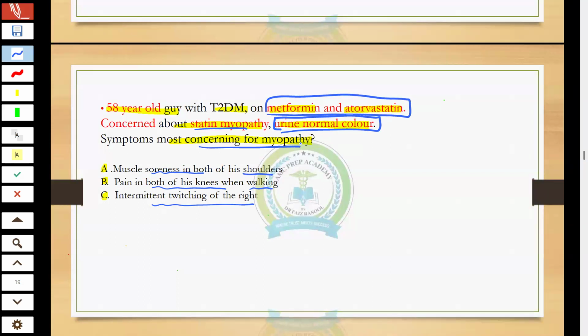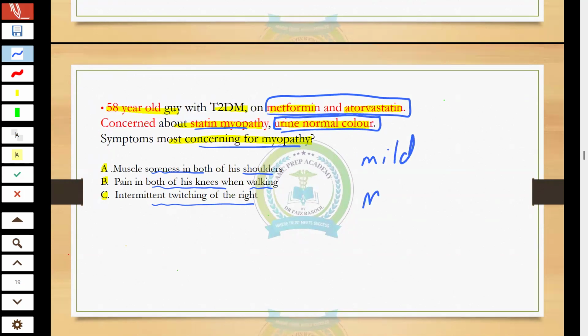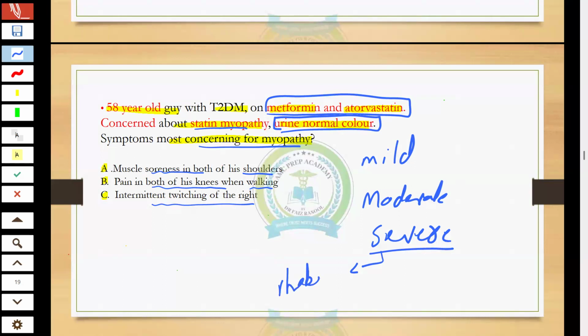If a patient is on atorvastatin and taking metformin, this can lead to myopathy, as can a few other drugs. The patient is categorized into mild, moderate, and severe. If the patient has severe myopathy, the patient presents with rhabdomyolysis.